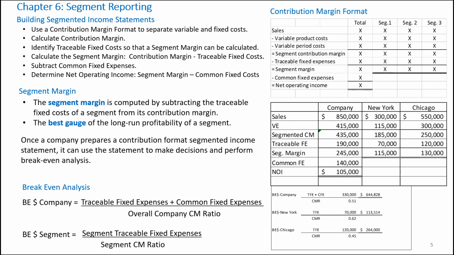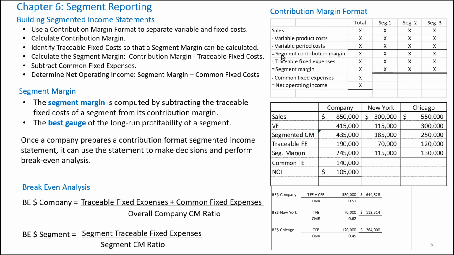As can be seen on this slide, building the contribution format income statement is similar to what we've been doing all along. You are going to take your sales, you're going to subtract your variable costs, but now you're going to have a segmented contribution margin.